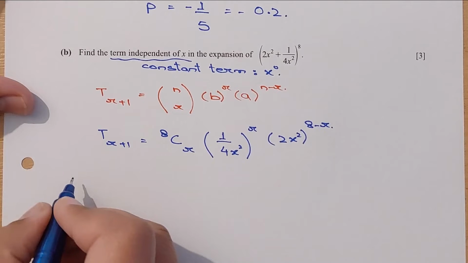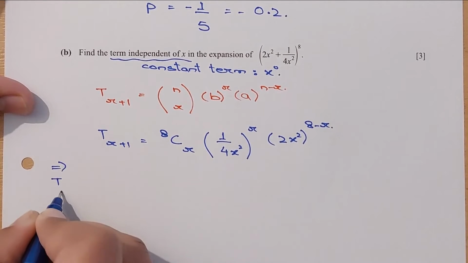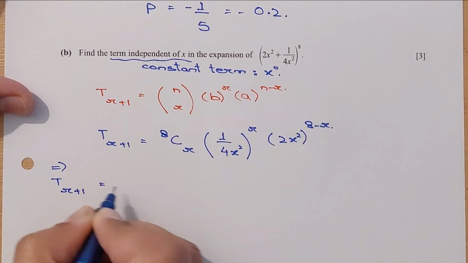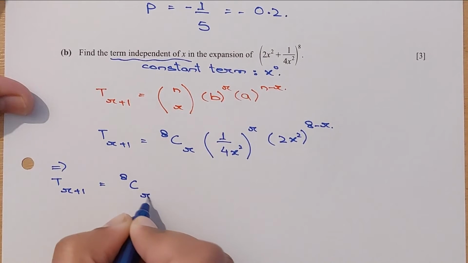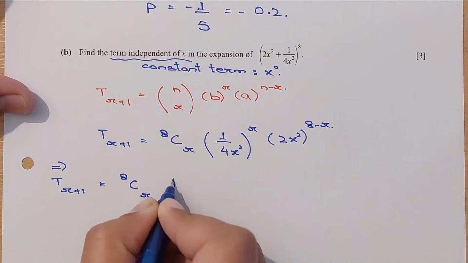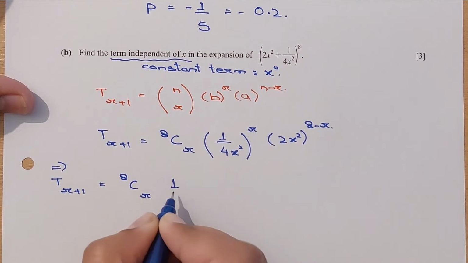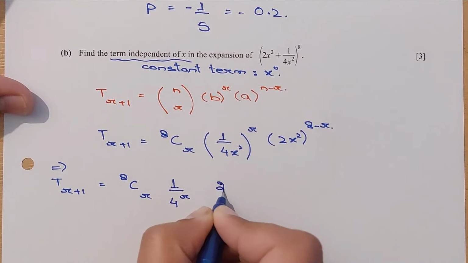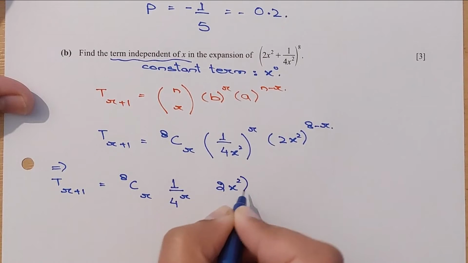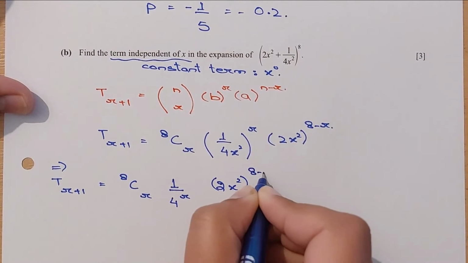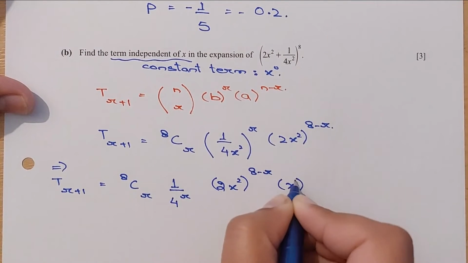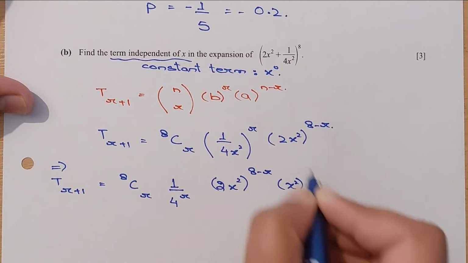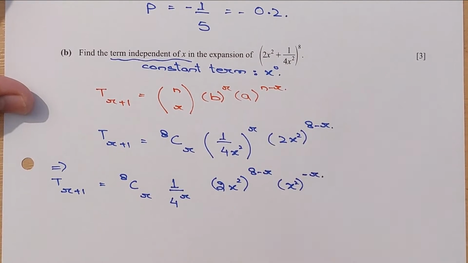Let me solve for x here. So T(r+1) is equal to 8Cr, and from here 1 power r is just 1 over 4 power r. So we have 2x squared with power 8 minus r, and x squared shifting to the numerator, its power is minus r.